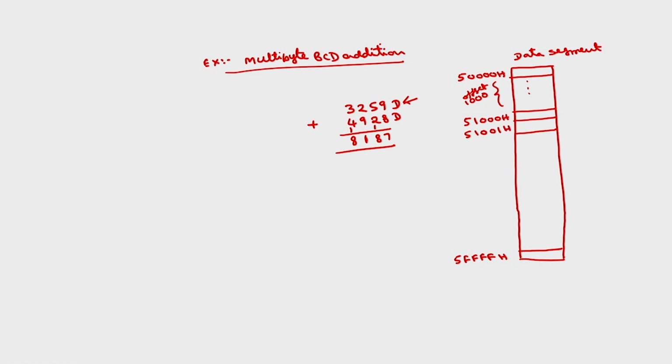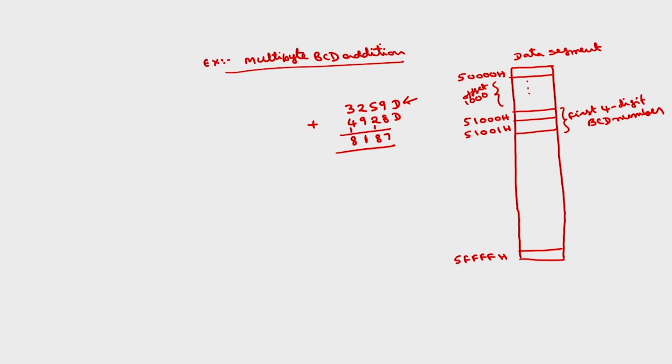Here I am storing the first number. This is 4 digit, which is 2 byte. So, I require 2 locations. Okay. So, even if you store these decimal numbers, the microprocessor will assume that it is a hexadecimal number. So, you have to do some manipulation to get the decimal result.